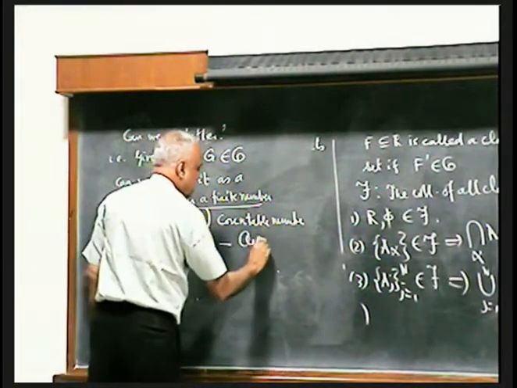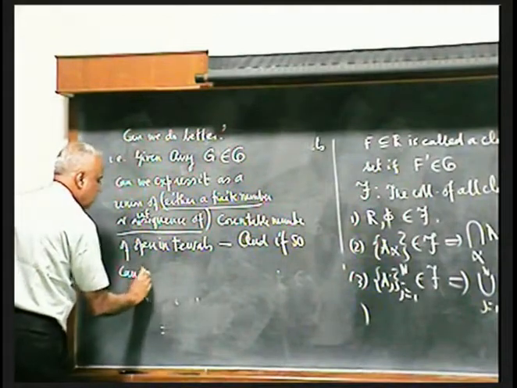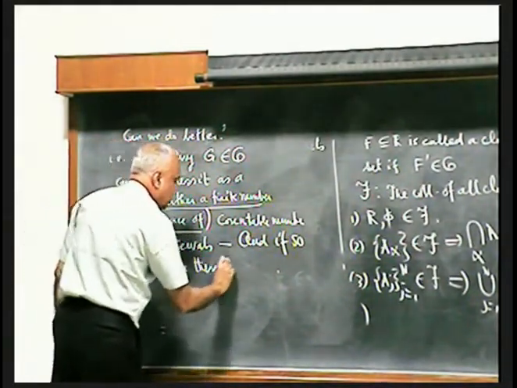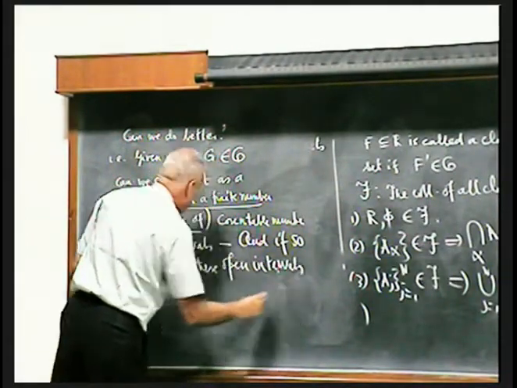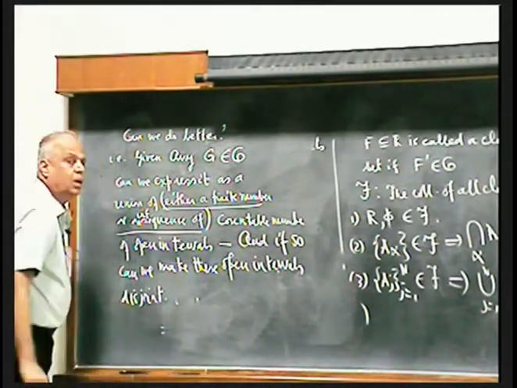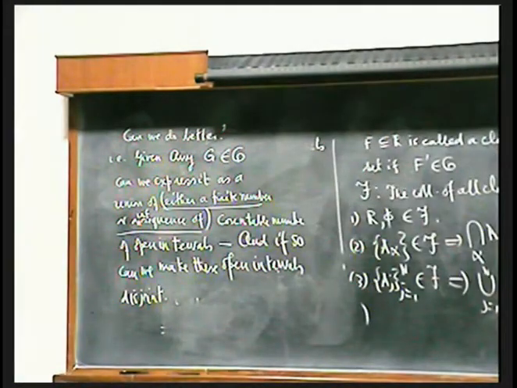And if so, can we make these open intervals disjoint so that completely the open set has been broken into pieces so that each piece is an open interval, and each piece is independent of the other, and there are only a finite number of them or a countable number of them.